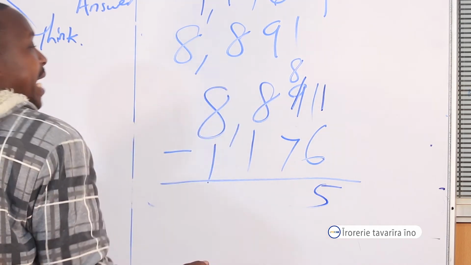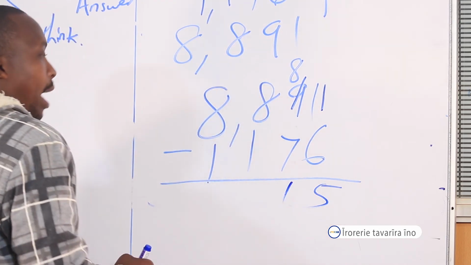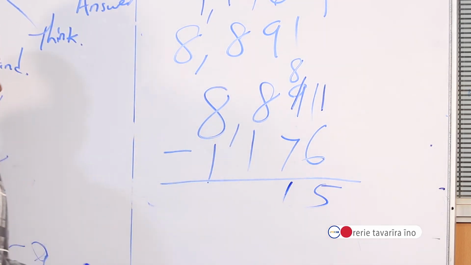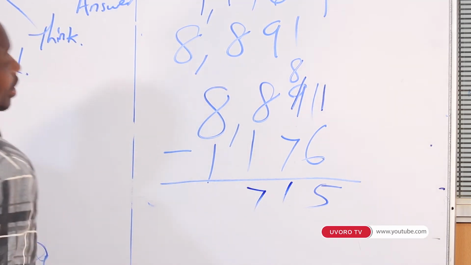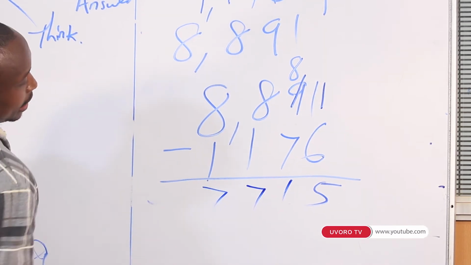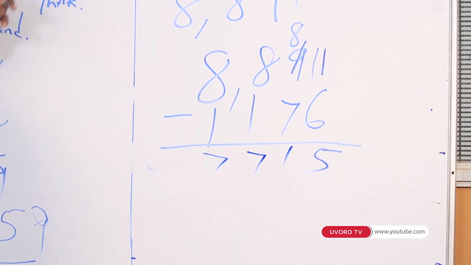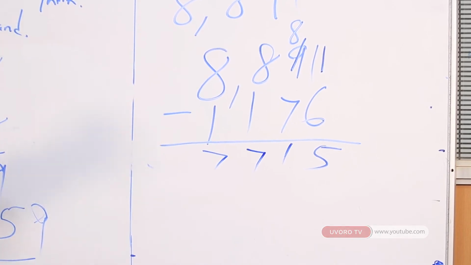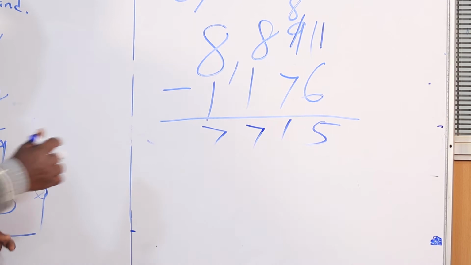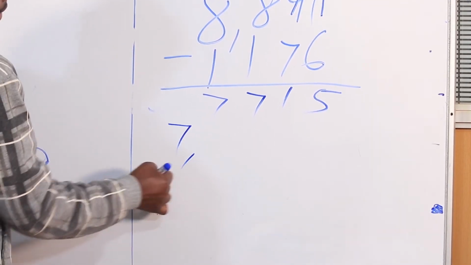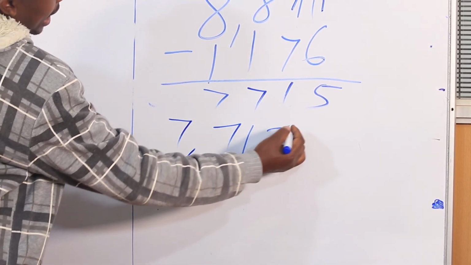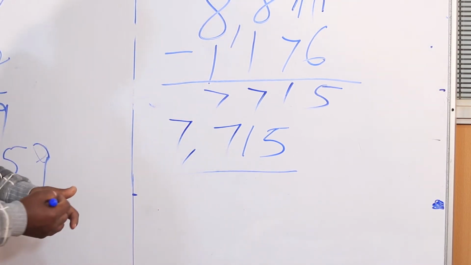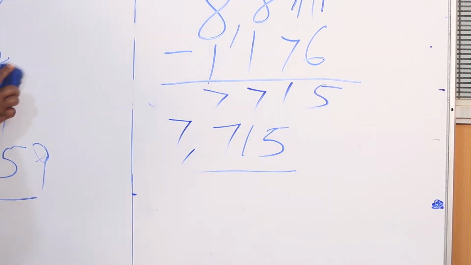Very good. 8 minus 7? 1. 8 minus 1? 7. 8 minus 1 again? 7. So we are now able to answer our question by giving our answer as 7,715.